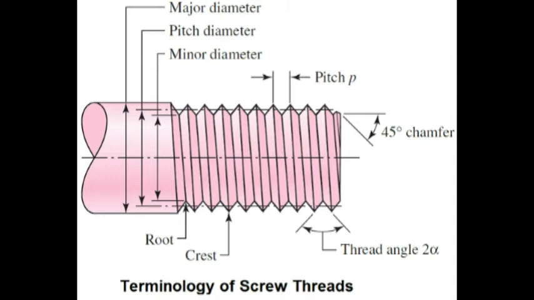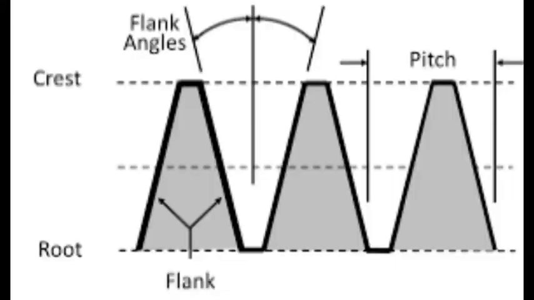And next one is the flank angle. The angle made by the flank of a thread with the perpendicular to the thread axis is called flank angle, and it is equal to half the thread angle.